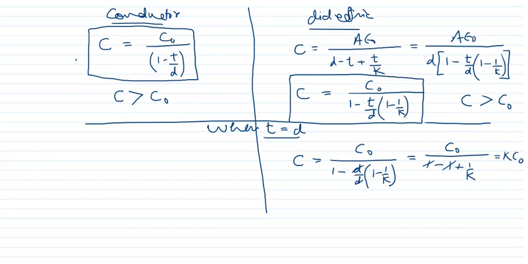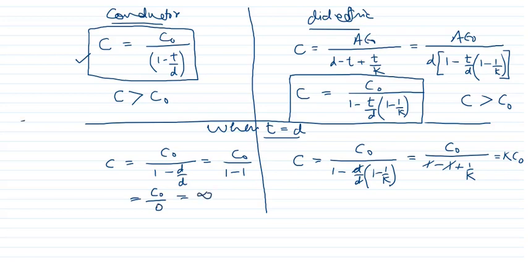In the case of a conductor, C is equal to C naught upon 1 minus D upon D, that is C naught upon 1 minus 1, that is C naught by 0, and anything by 0 is equal to infinity.